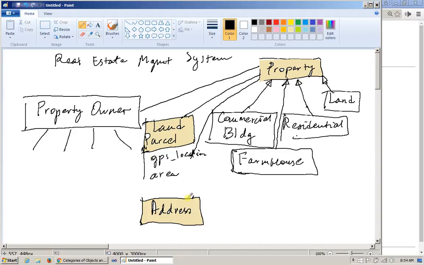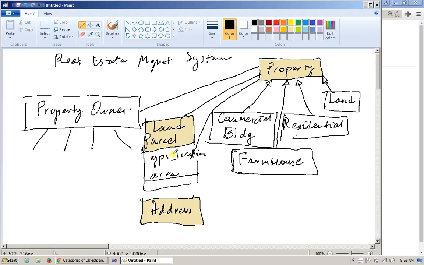For instance, environmental parameters. Is it wooded? Is it flat? Is it graded? Is it wetland? And so forth, right? So there could be those specific land-specific set of attributes, right?